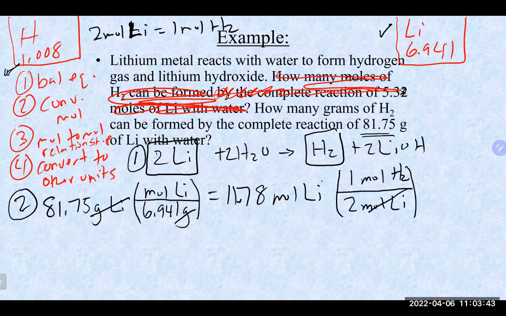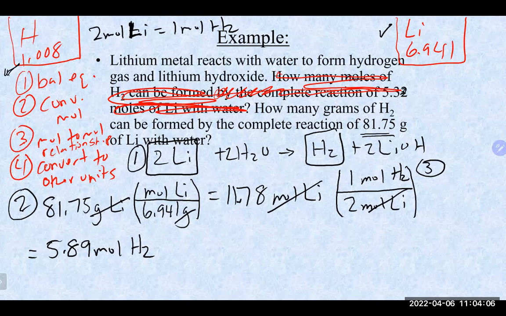The moles of lithium at this point will cancel out, and that would get us divided by 2. Looks like 5.89 moles of H2. And that is the really big stoichiometry part of the calculation. It is the conversion that allows us to go from lithium in this case to hydrogen.